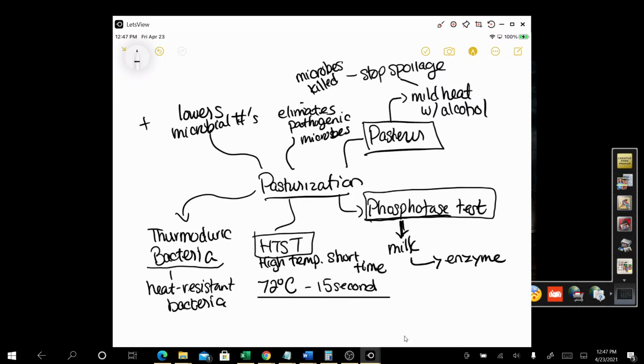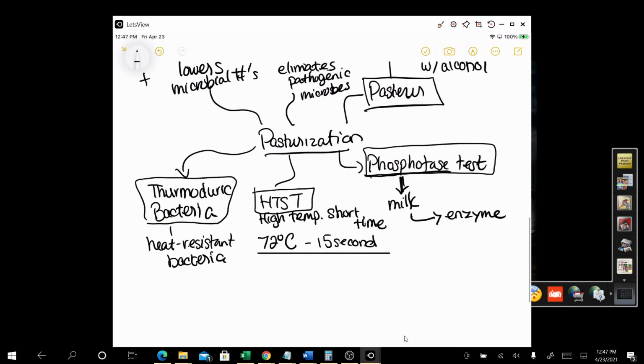You can also know that there are some bacteria that are heat resistant that would not affect pasteurization of that milk. Like the bacteria will not cause any harm or spoilage. So pasteurization is important for lowering microbial numbers, and it eliminates pathogenic microbes. So that's pasteurization. Our next one is sterilization.